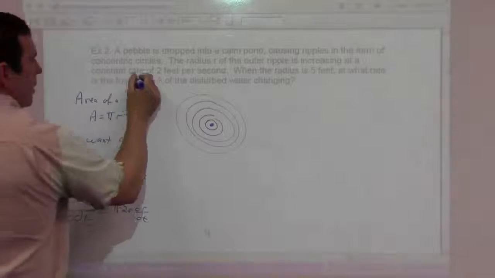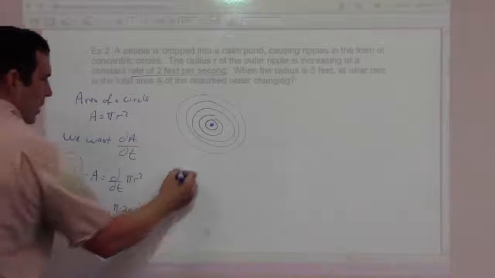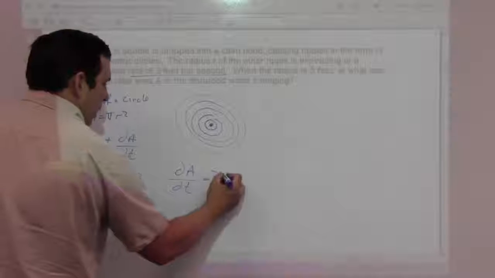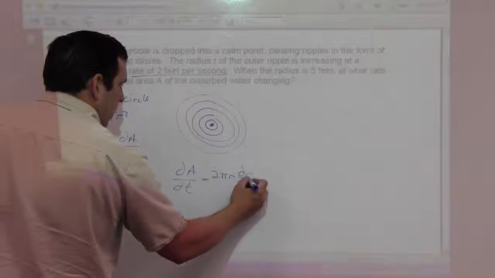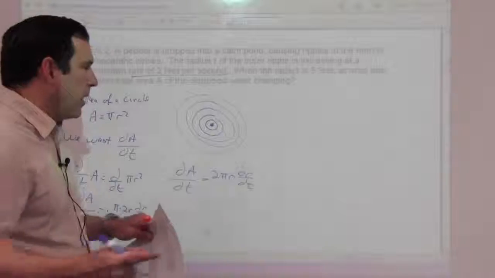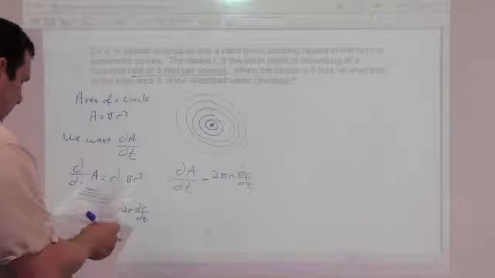And they tell us it's going at 2 feet per second. That's the radius increasing. So our dA/dt is 2 pi r dr/dt. By the way, 2 pi r, what's that? That is the, you're right, that is the circumference of a circle. Yeah, interesting.